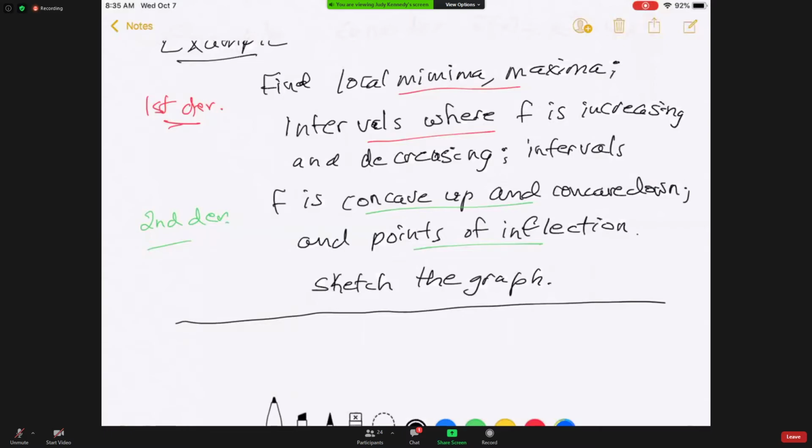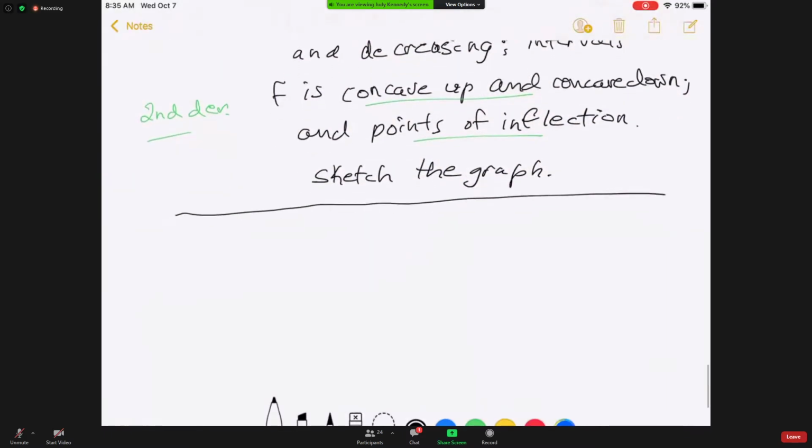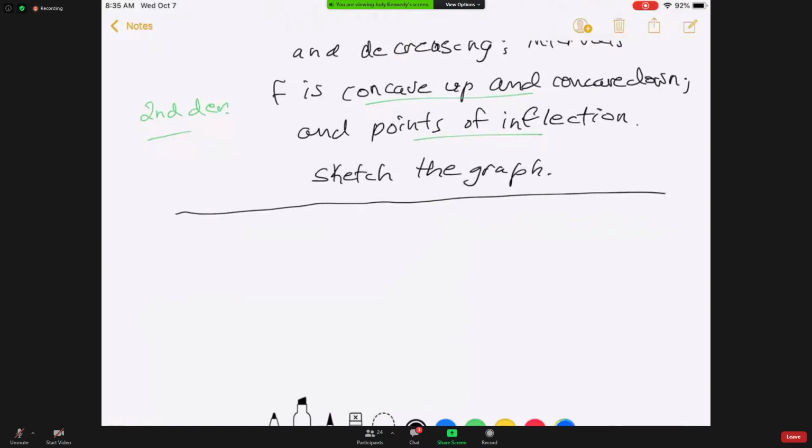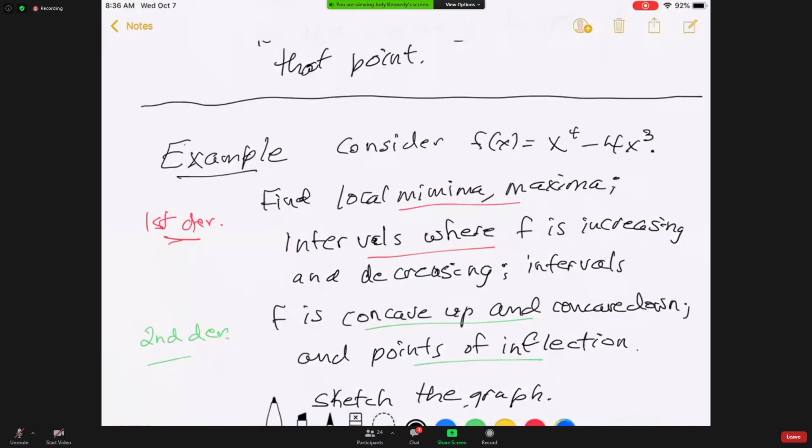Well, we don't have much of a choice but to do the first derivative first. So, first derivative information. And what is the first derivative? f prime is 4x cubed minus 12x squared.